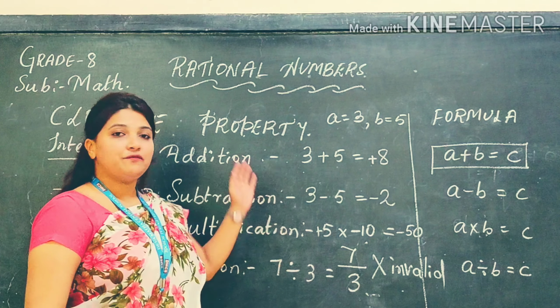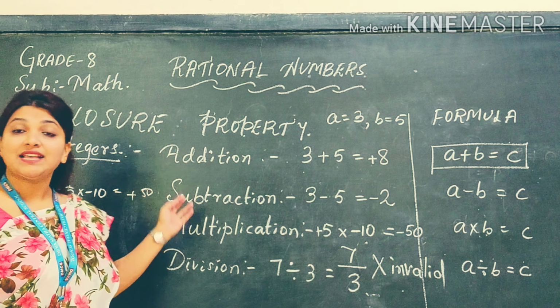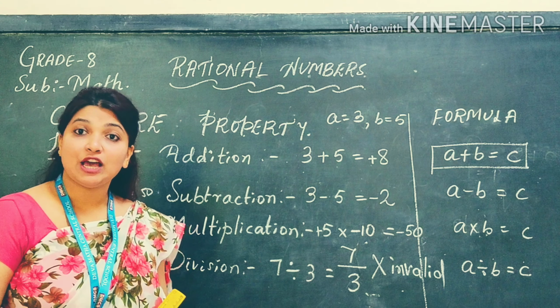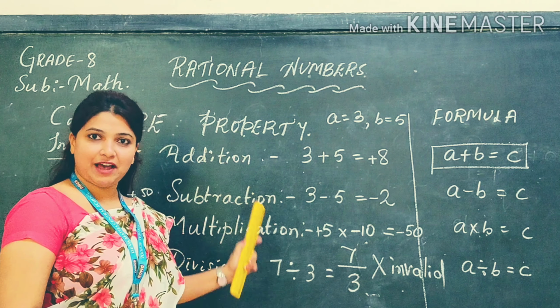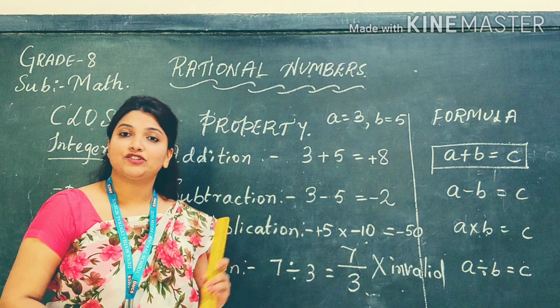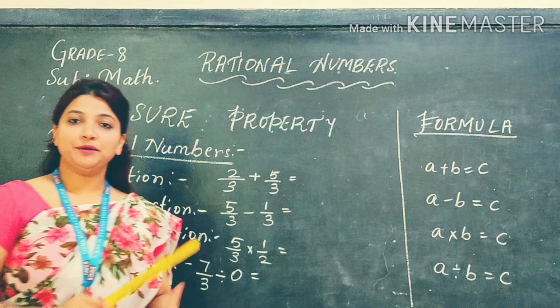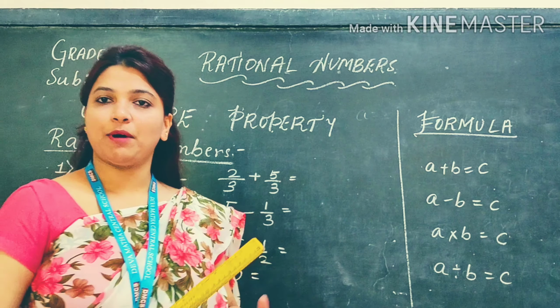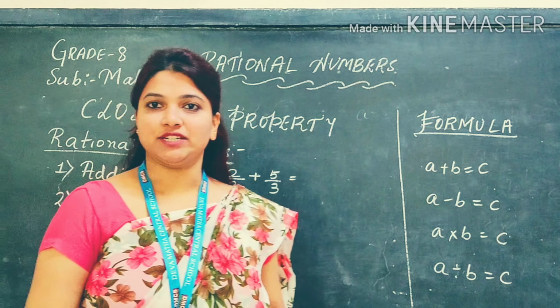Alright, so here we end closure property for integers. Now let us next see what happens for rational numbers. For integers we have done, right? Same thing we will follow for rational numbers also. So in the last session we studied closure property in terms of integers.